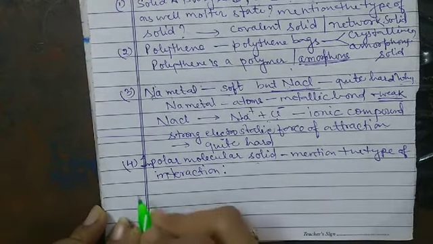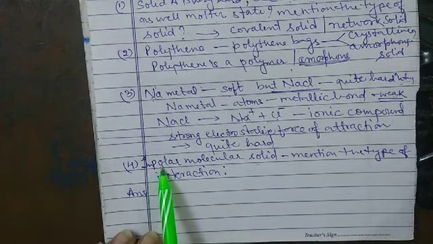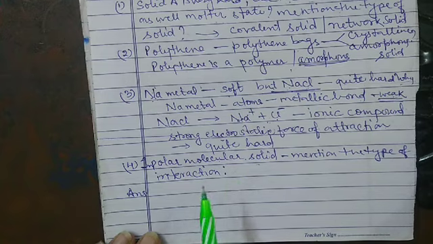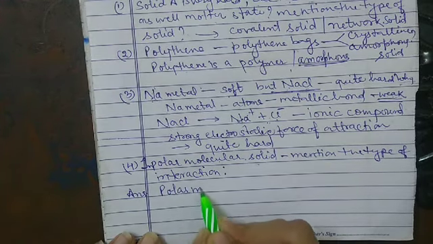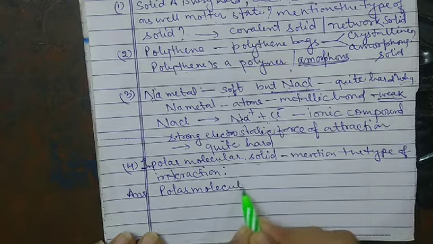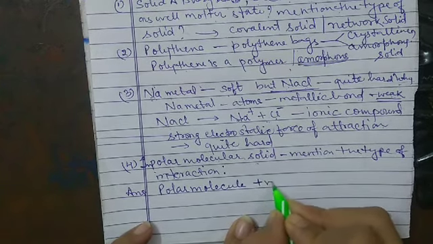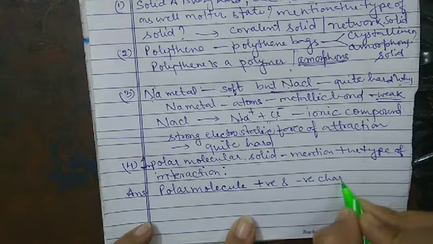Now the answer for that is, here we have written the term polar molecular solid. Now we know very well what a polar molecule is. A polar molecule means one which contains the positive and negative charge.